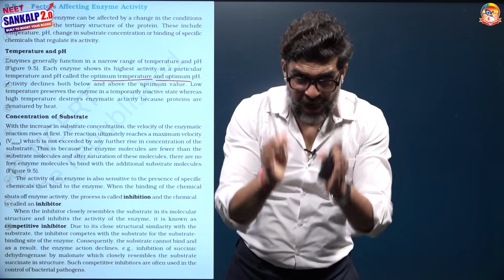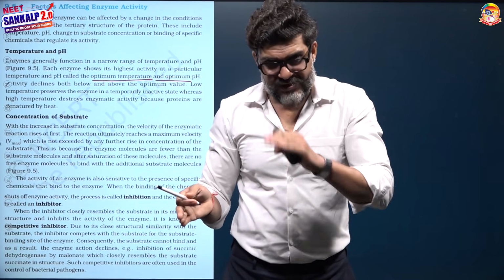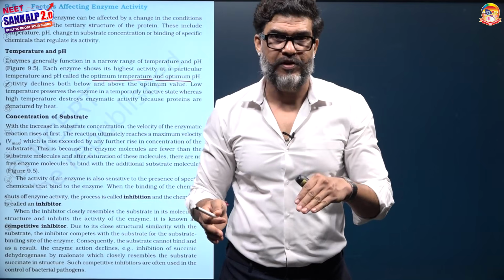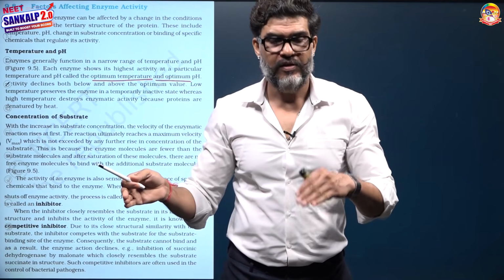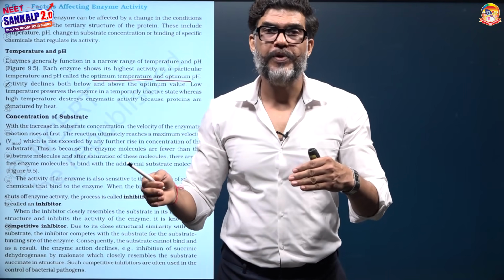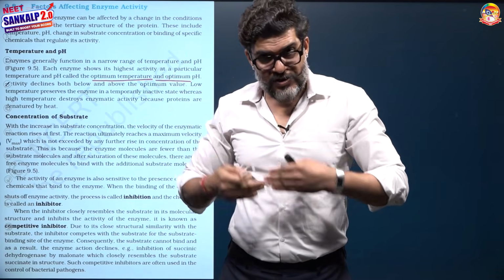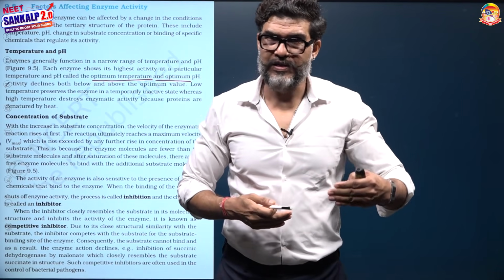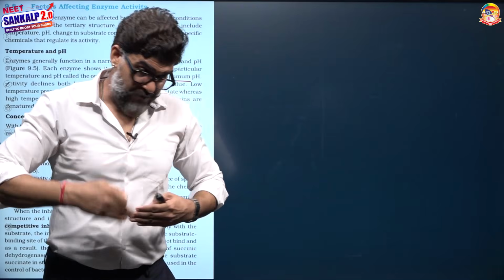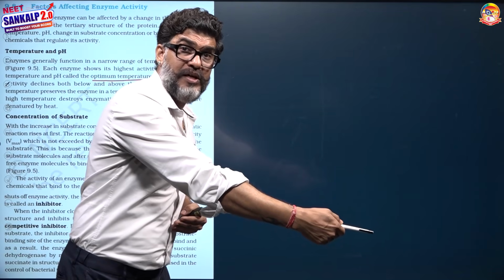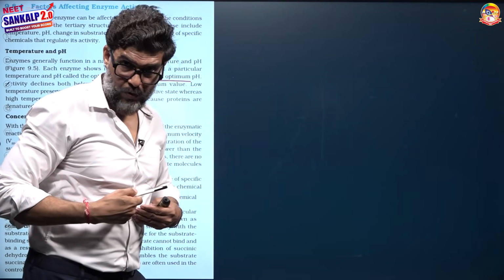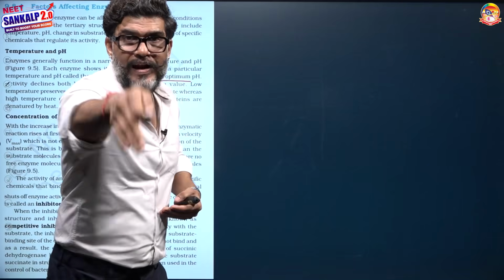If the shape of a chemical is similar to the shape of a substrate, this chemical and the substrate will compete to reach the active site. This chemical, which structurally resembles the substrate, we call a substrate analog. The competition is between substrate and substrate analog to reach what? The active site.